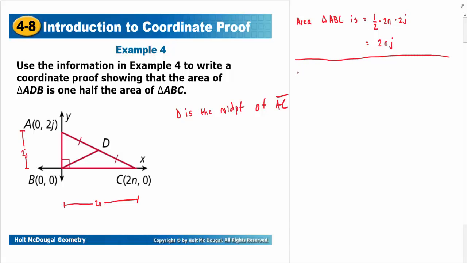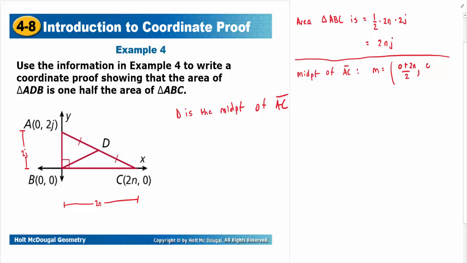Next, let's find the midpoint of AC. Let's do it. So that's going to be M equals the average of the x's. So look, I'm using these points, 0, 2j, and 2n, 0. So I'm going to add my x's. So 0 plus 2n over 2.